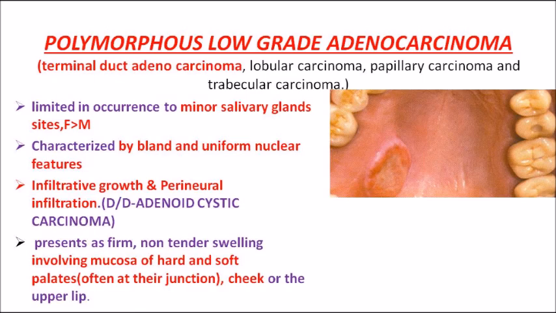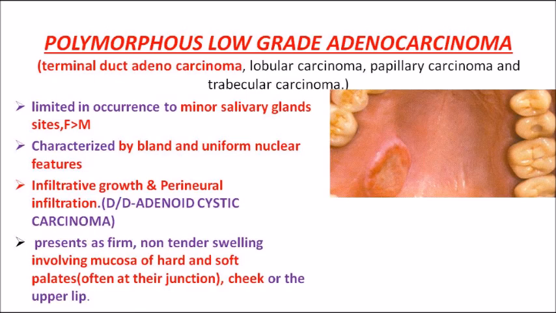PLGA is mostly seen in the palatal location, involving the mucosa of hard palate and soft palate. Mostly they are seen at the junction. The cheek is also involved, or sometimes the upper lip area. Most of the time the location is the junction between the hard palate and soft palate, mainly in the hard palate area. Clear?